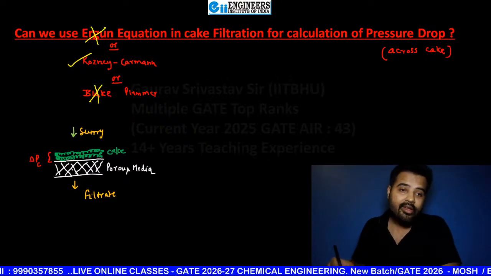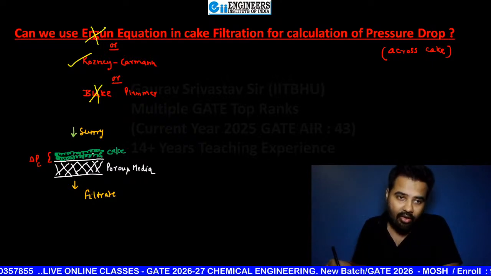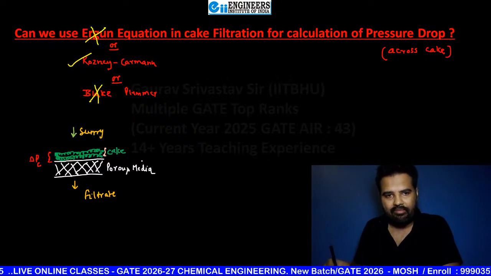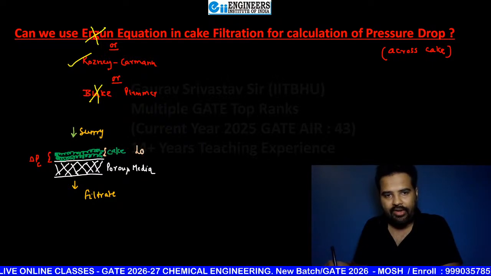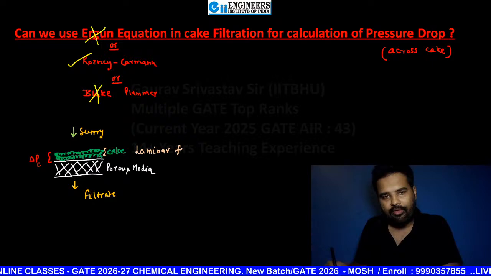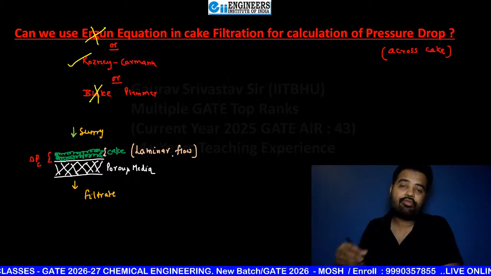Because with the help of lots of experiments, it has been seen that after the cake, the flow of filtrate is in a laminar manner. The flow that is happening here is laminar flow, that is flow through the cake.